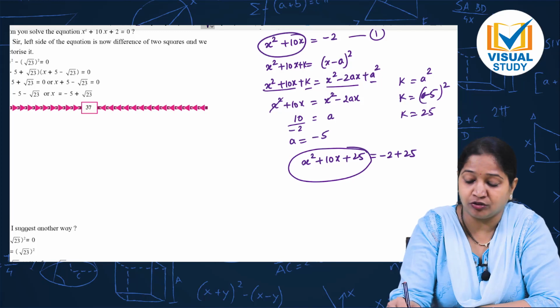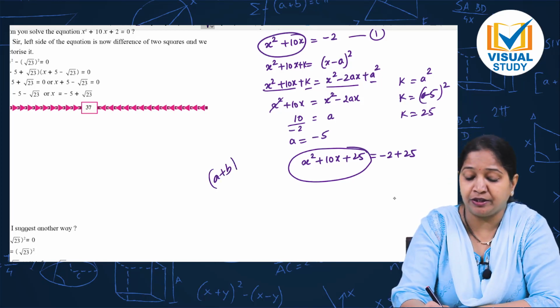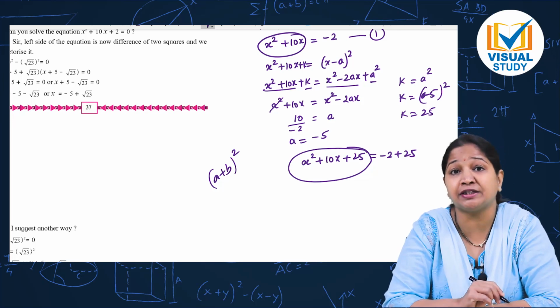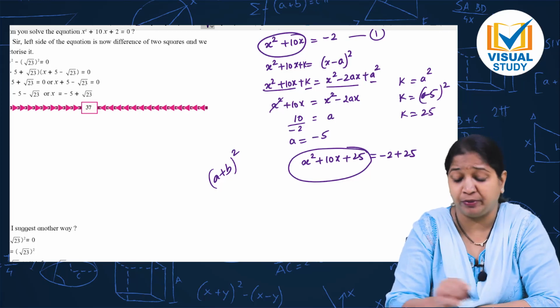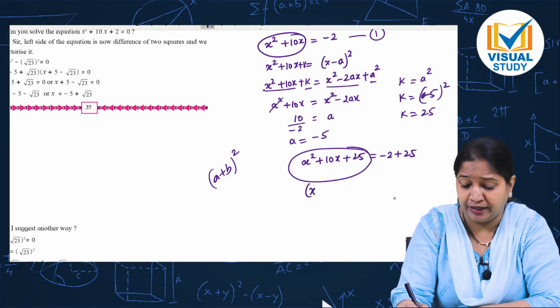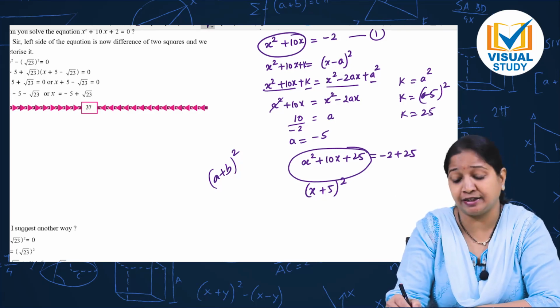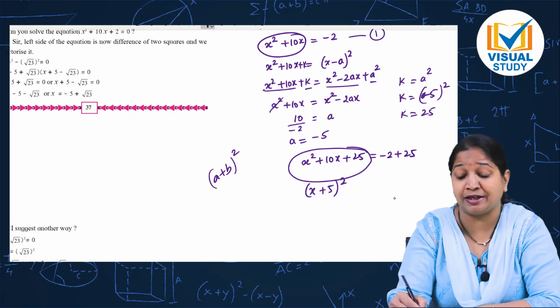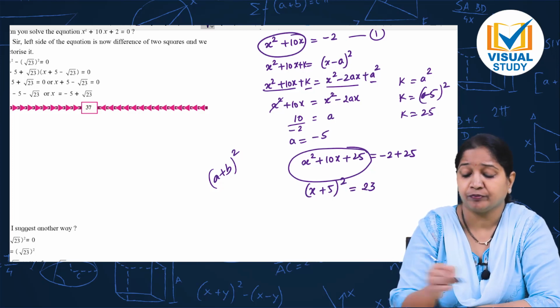Now see this, you have got a complete square in the form of a plus b whole square. Why are we using a plus b? Because both the signs here are plus. So x plus 5 whole square. See, x square plus 10x plus 25 by expanding this, you will get this term is equal to 23.